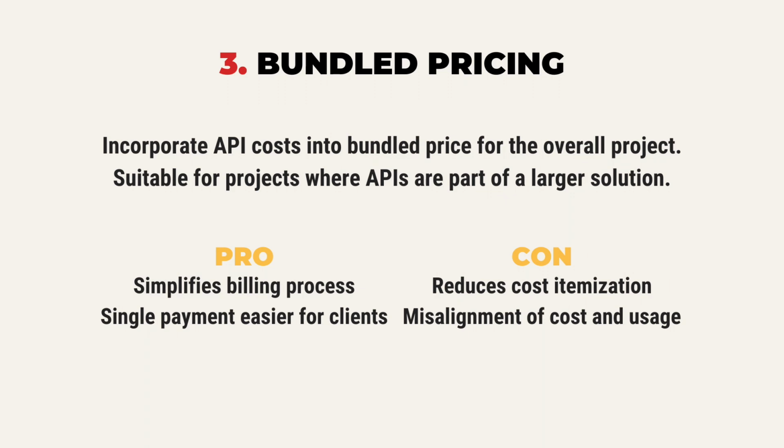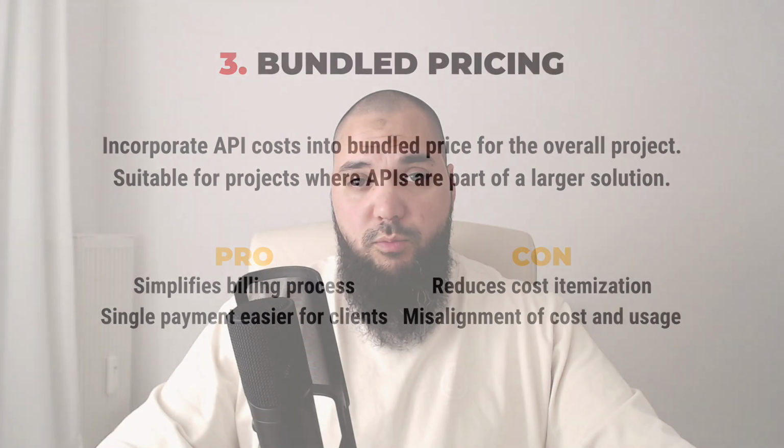The good thing about this is that you simplify the billing process and it's easier for the clients to manage a single payment. However, it does reduce cost itemization and transparency in some way, and it has the potential for a misalignment between cost and usage.